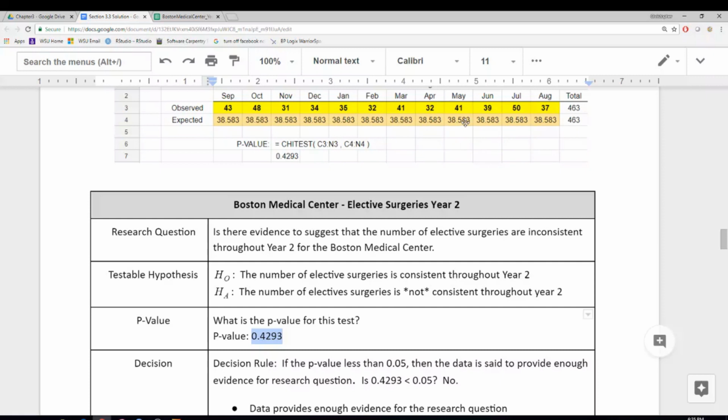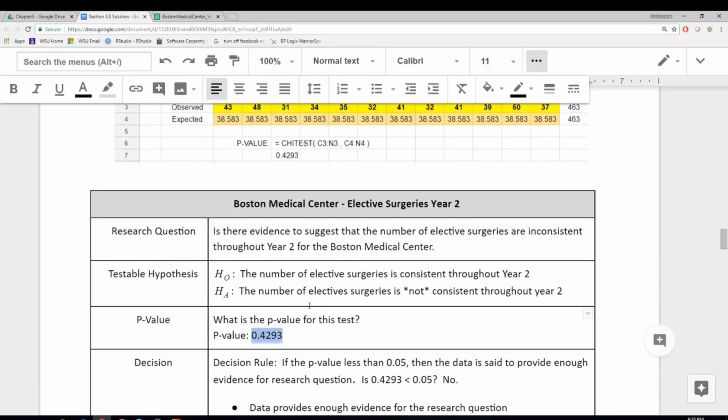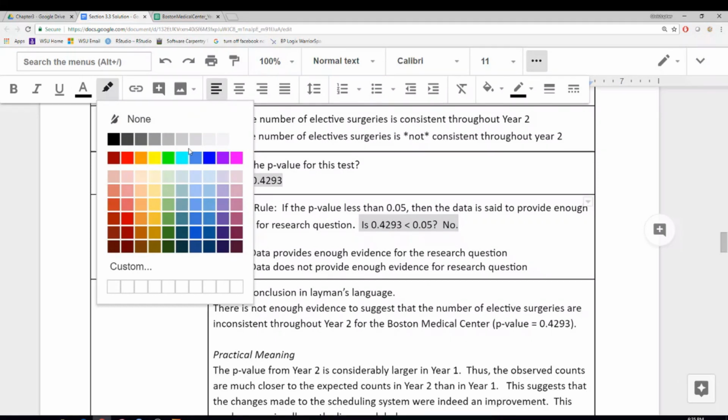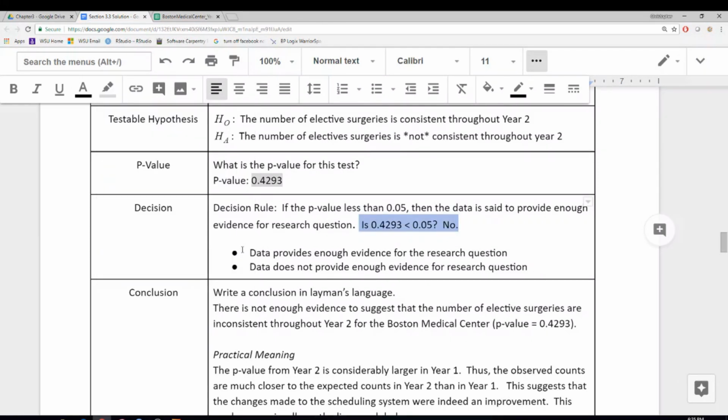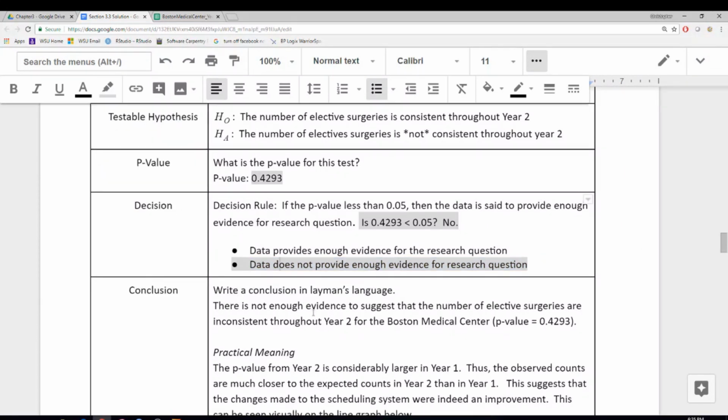So the p-value here is a little bit bigger than what we saw before. Is 0.4293 less than 0.05? No, it is not. So I do not have enough evidence for the research question here.